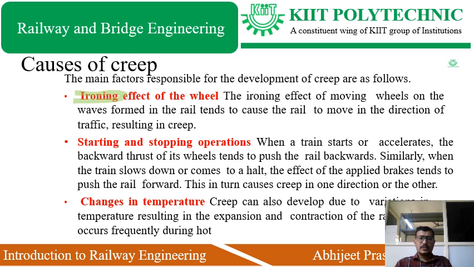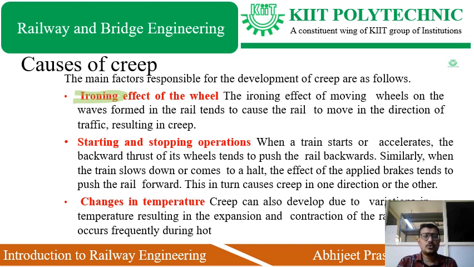The first is the ironing effect of the wheel. The ironing effect of moving wheels on the waves formed in the rail tends to cause the rail to move in the direction of traffic, resulting in creep. Second, starting and stopping operations. When the train starts and accelerates, the backward thrust of the wheel tends to push the rail backward.